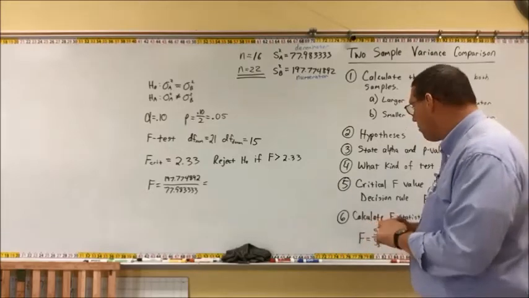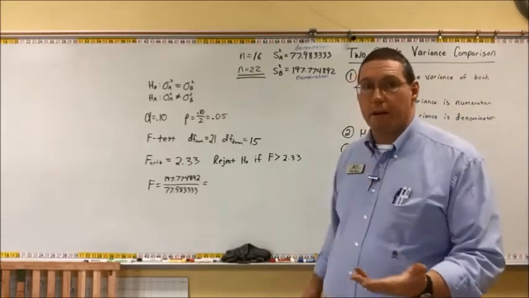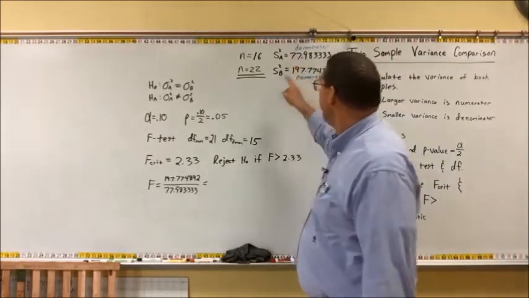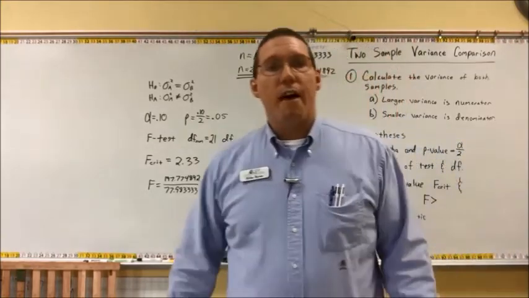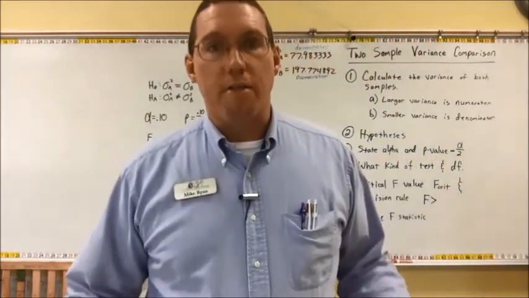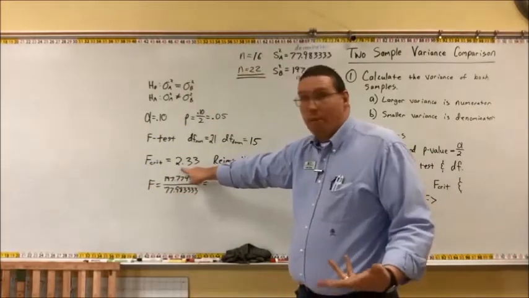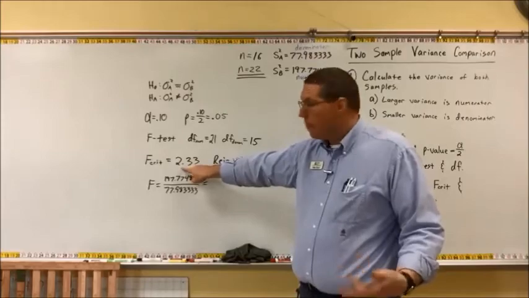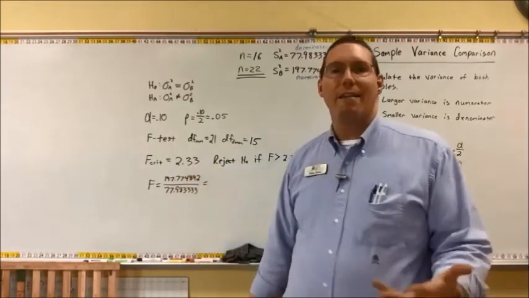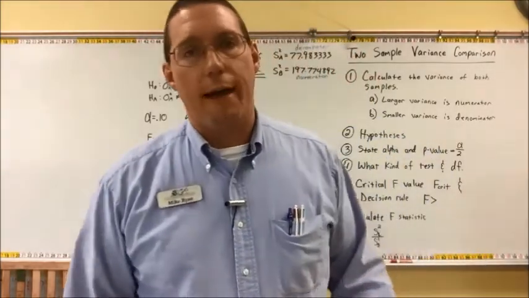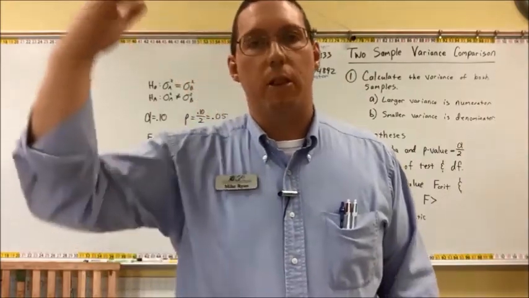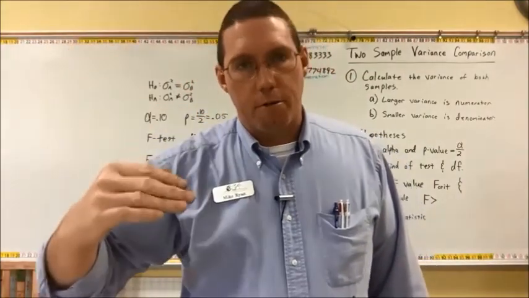And the reason it has to be large variance divided by small variance is that if you did the smaller one divided by the larger one, the answer would always be less than 1. And if it's less than 1, it'll never be larger than 2.33. Your F value always has to be larger than 1.